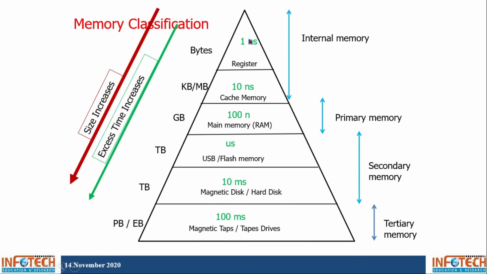Whereas for registers, fetching the address of where to fetch the data, instruction sets and everything are done in the registers and cache memories. So this is all about memory hierarchy in computer architecture.